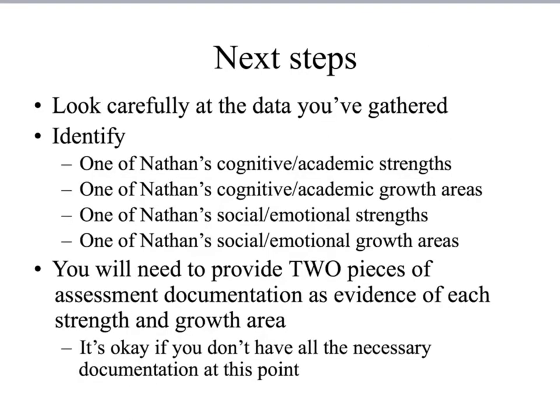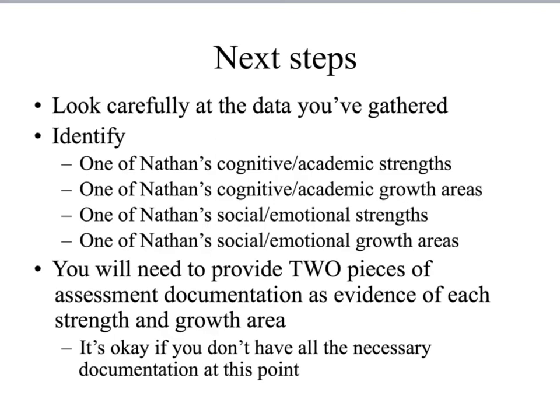So, your next steps would be to look carefully at the data that's been gathered and see if you can identify one of Nathan's cognitive or academic strengths, one of his cognitive or academic growth areas, one of his social and emotional strengths, one of Nathan's social and emotional growth areas.